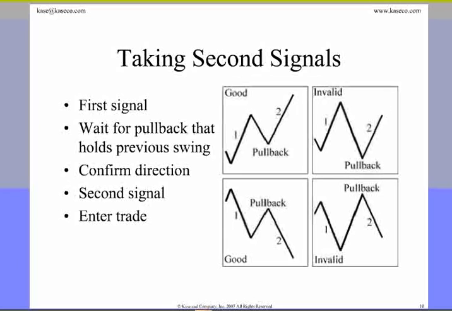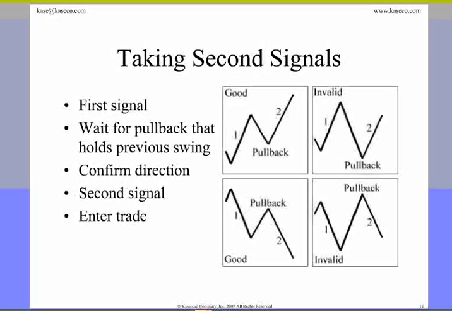So if you have an ABC formation, wave C holds the bottom of wave A, and if you have a 5-wave pattern, wave 3, of course, is going to hold the bottom of wave 1. So what we do is we wait for a signal, wait through a pullback, and then take the second signal.